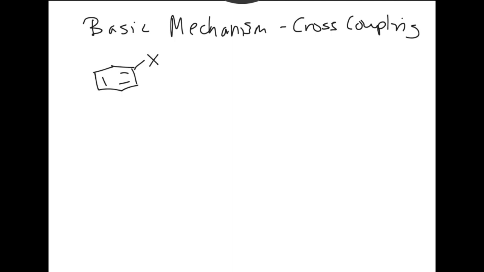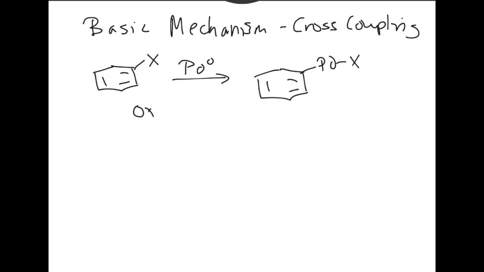Basically I'm walking through slide 22, but we're going to do it step by step and a little simpler. Again, your palladium is going to insert into that carbon-X bond and get you that same palladium species that we had before. That's your oxidative insertion.